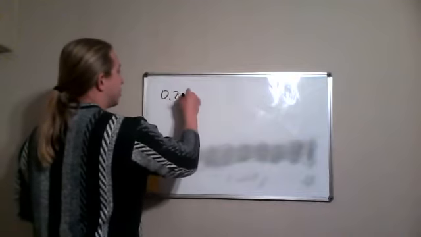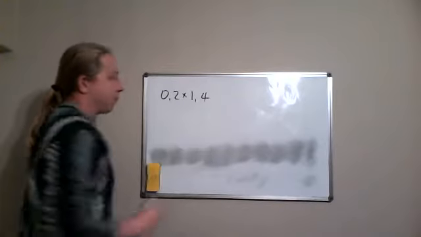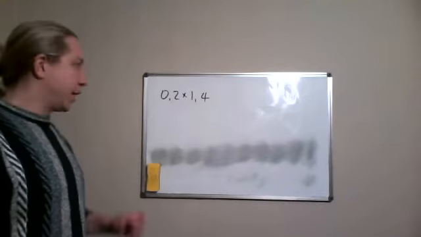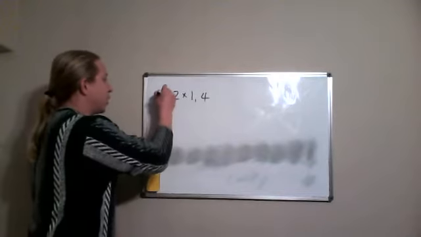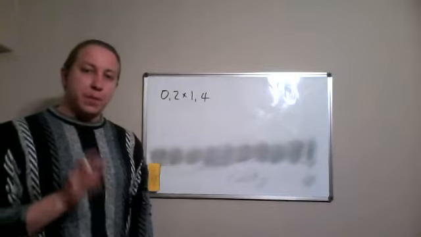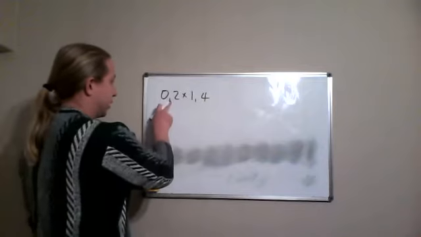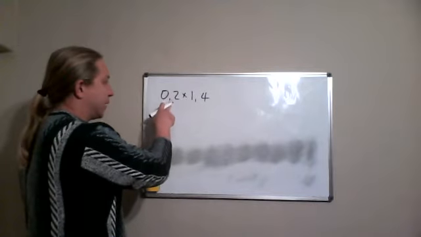So let's do our worked examples on page 100. It says calculate 0.2 times 1.4. Both of these are decimal fractions, so what are we going to do? Remember, we drop the decimal places.